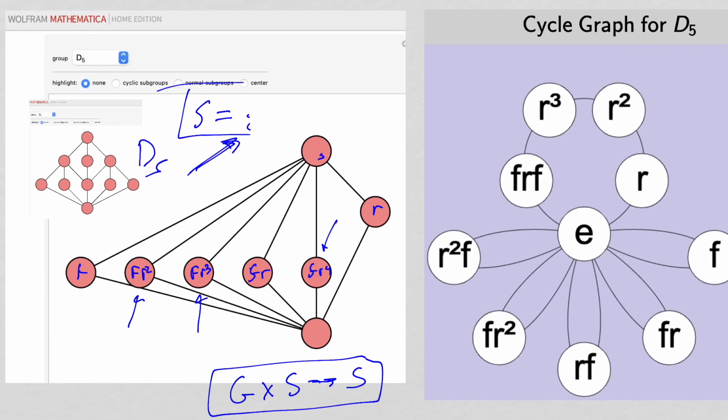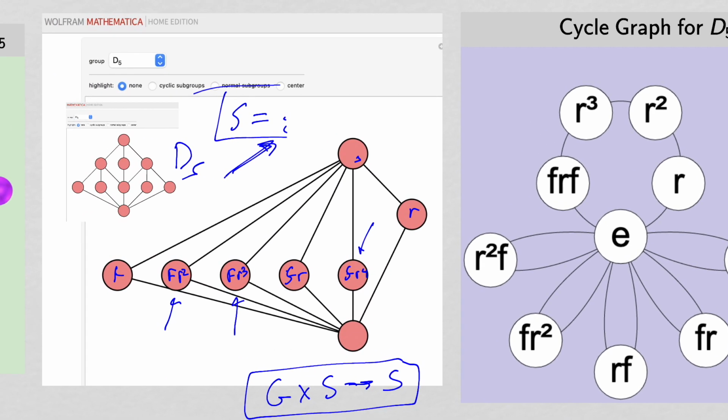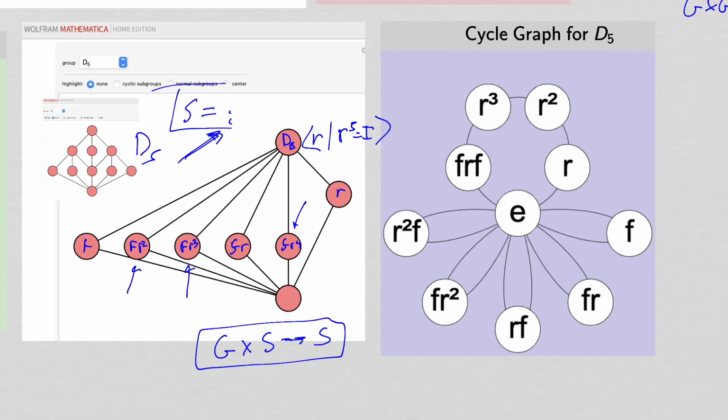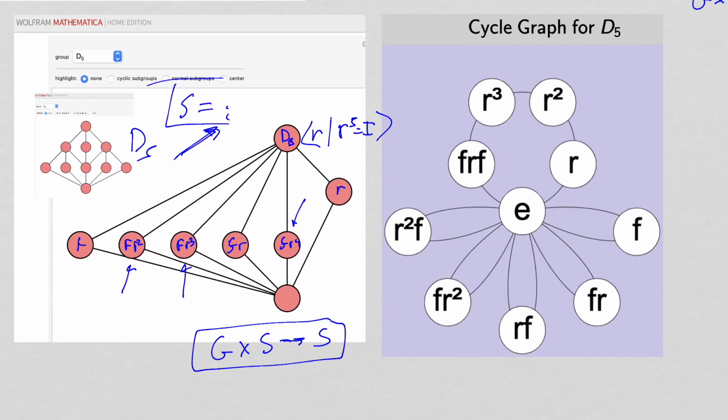Well, what are the cyclic groups among the subgroups of D5? Well, R is certainly a cyclic group, right? R is the cyclic group defined by R to the fifth equals I, right? So it looks like that. And that shows up in this cycle graph.